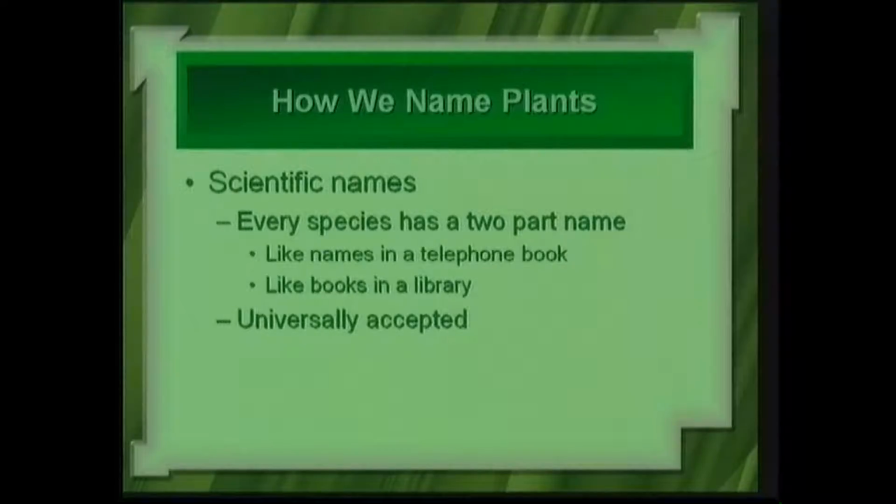You could have a scientist from Brazil communicating with a scientist from China, and they would know what each one was talking about if they use scientific names. If they used common names, of course, they would have no idea, especially if the Brazilian scientist speaks Portuguese and the scientist from China speaks Mandarin or Cantonese. So if you use a scientific name, you have a common ground. It's universally accepted by all scientists.